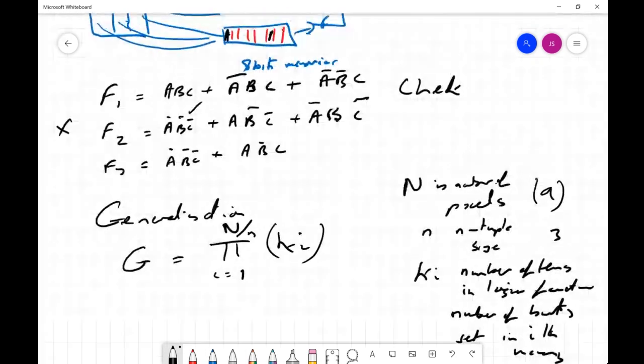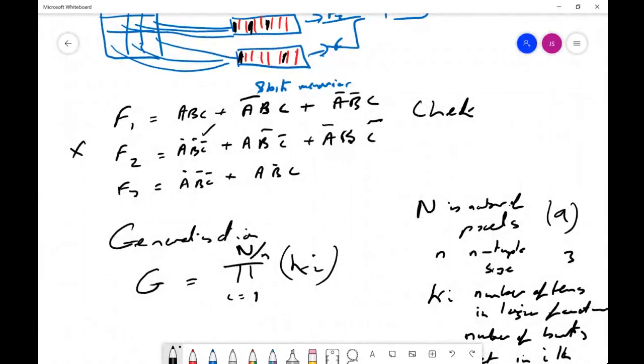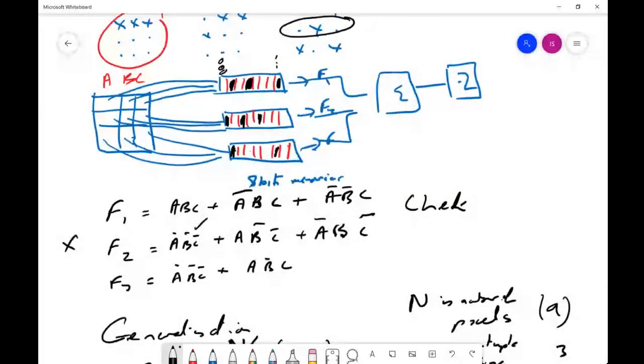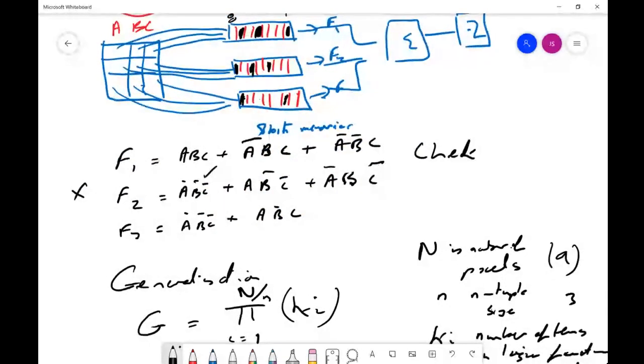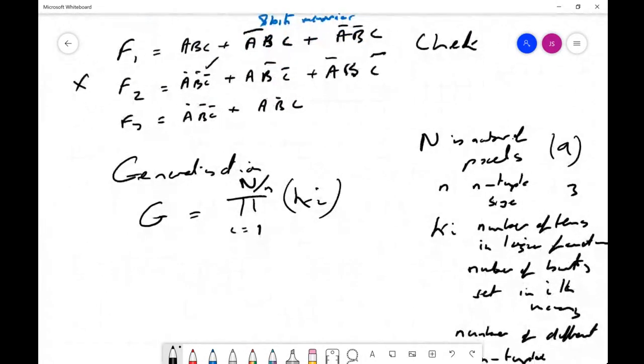And for the first ki, for the first function, either we can go back to the training set, the number of different patterns on the top row, 1, 2, 3, the number of bits set in the memory, 1, 2, 3, or if you've got the unminimized logic functions, the number of terms, 1, 2, 3. So in this case, it is going to be 3.